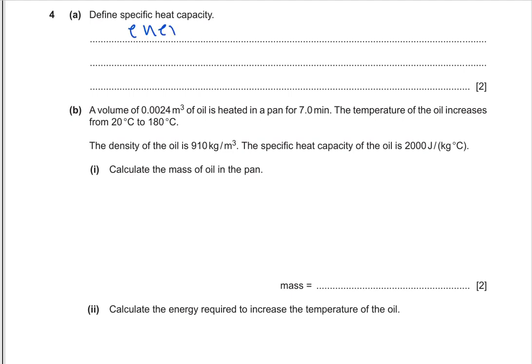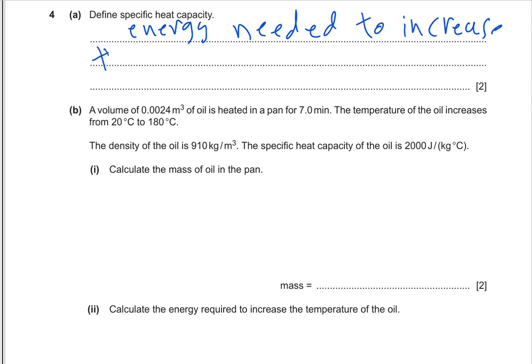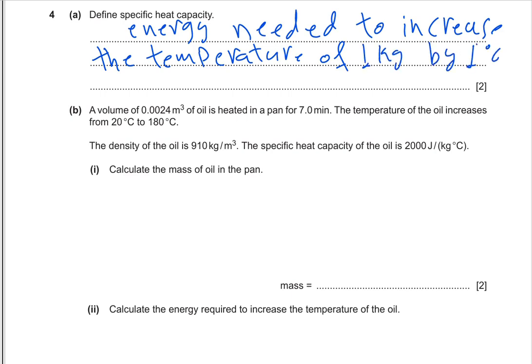Okay, so we can say energy needed to increase the temperature of 1 kilogram by 1 Celsius degree or degree Celsius. In the marking scheme they say it's energy transferred per unit mass per unit temperature. Okay, so this is the definition. I hope it's clear.